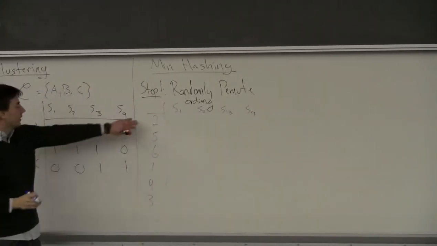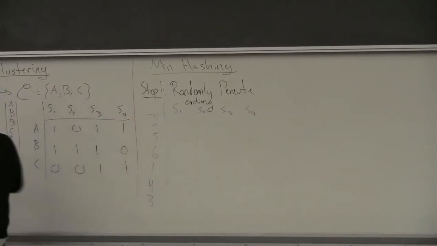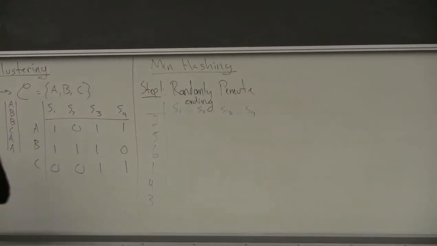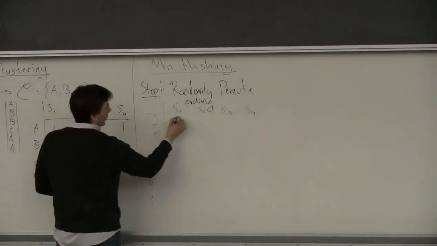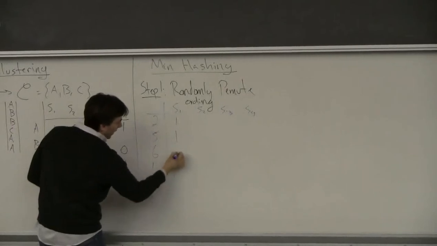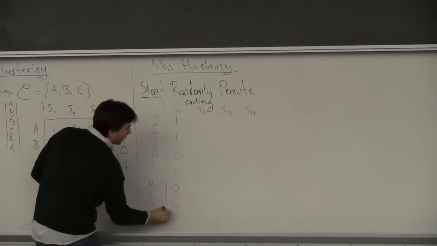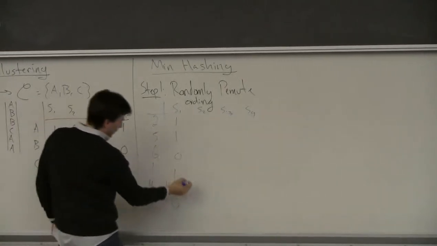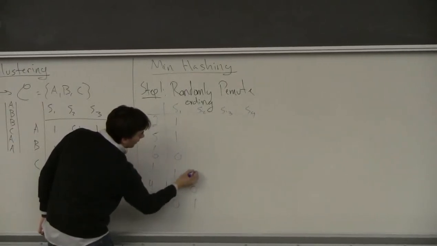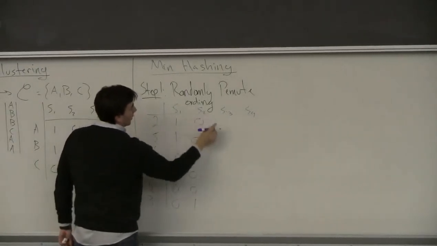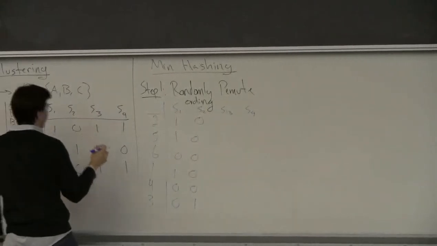Okay, so now I'm going to redraw this table. Now I want to look and see which elements are in which set. I'm going to recreate a matrix representation here. So I have 1, 2, and 5. Set 2 only has 3. Set 3 has 2, 4, and 6.